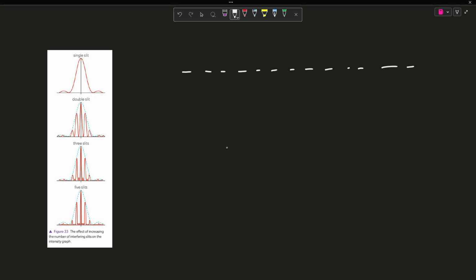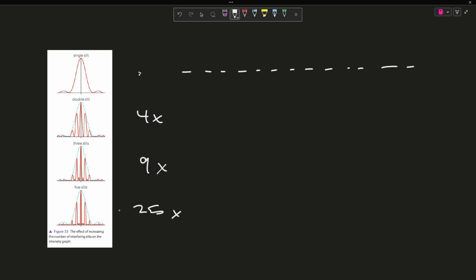And don't be tricked by this scale, because these 5 ones should be 25 times higher than the single slit one. This one should be 9 times, this one should be 4 times, etc. And this assumes that all the slits have constant slit separation.